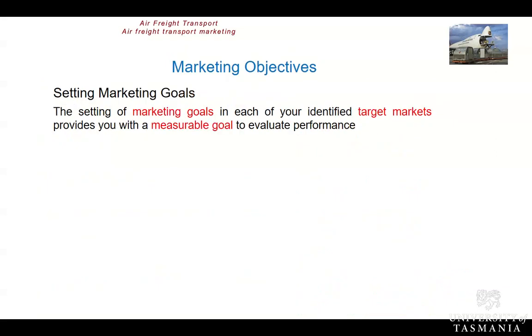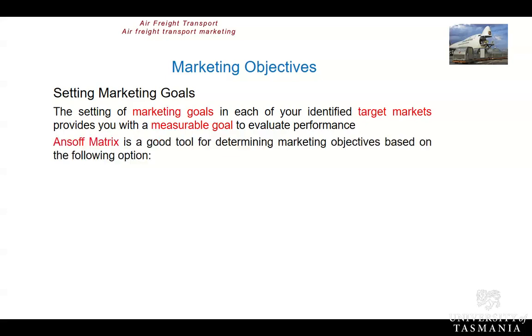Now, once you've identified that market segment, which is that group of customers that you're going to communicate with and promote your products and services to, it's pretty important that you set yourself a goal. Your goal can be any number of things, but you probably want it to be something that you can measure over a period of time.